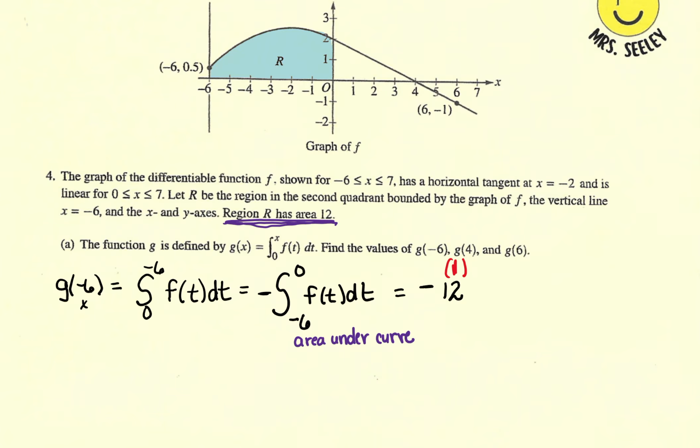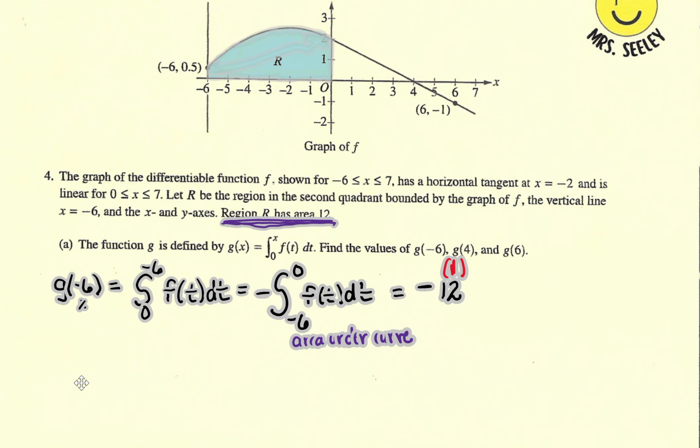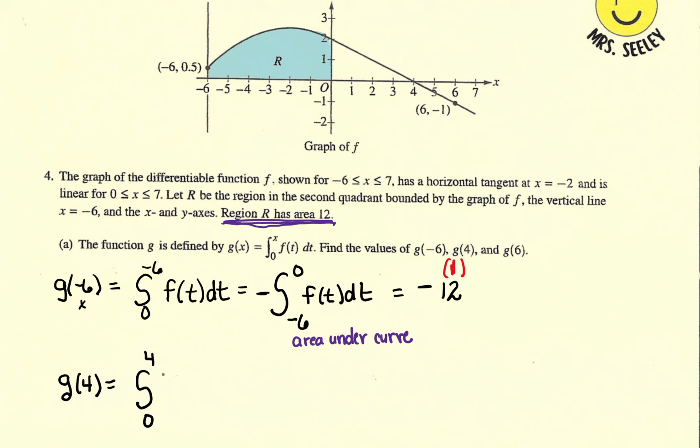All right, the next part says to find g of 4. So now I'm going to say g of 4, which means I'm going to put a 4 in for x right here. And once again, we're talking about the area under the curve from 0 to 4.